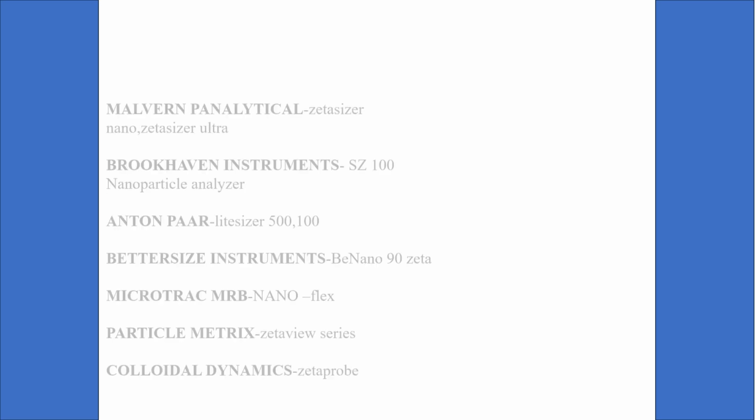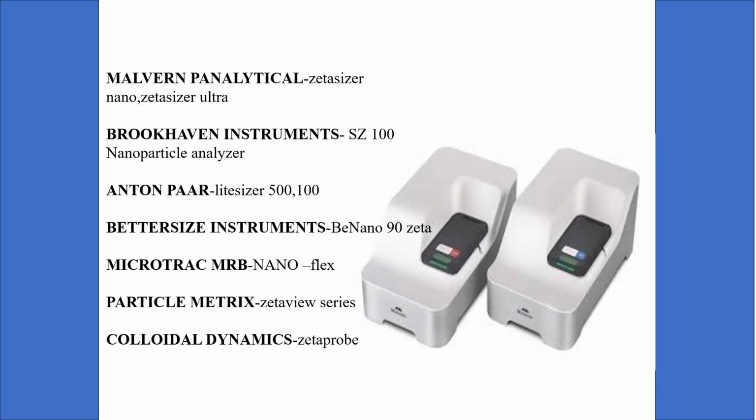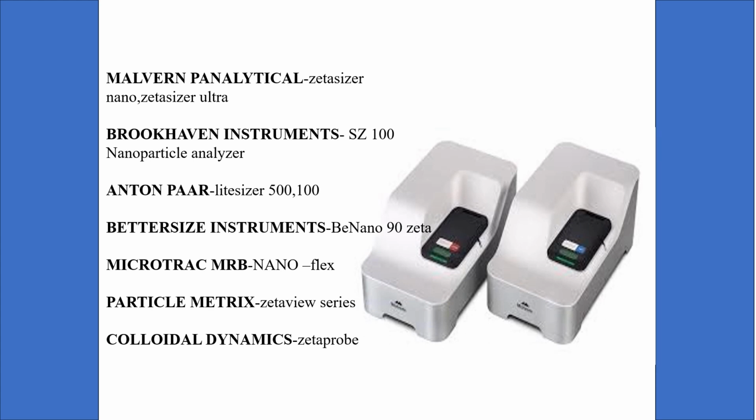Some of them are mentioned below, which are Malvern Panalytical, Brookhaven Instruments, Anton Paar, Bettersize Instruments, Microtrac MRB, Particle Metrix, and Colloidal Dynamics. They offer Zetasizers of different types and different models.